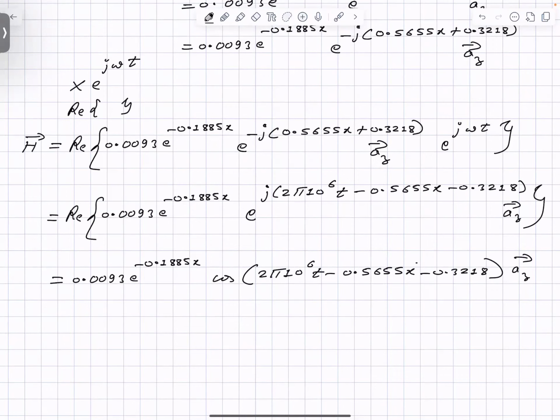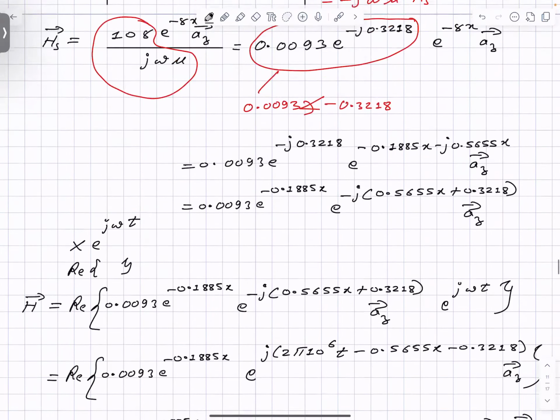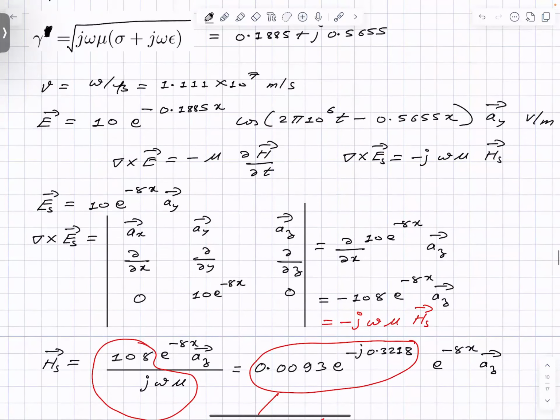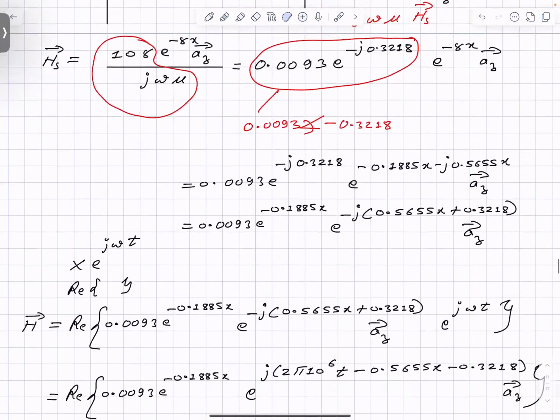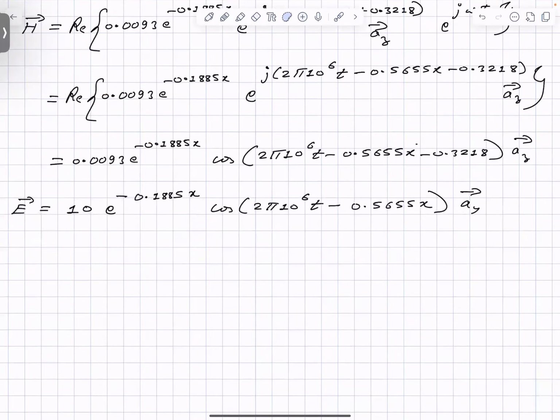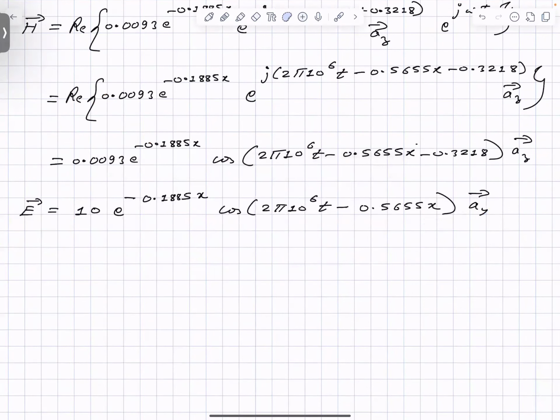Okay, now let's compare this with the time domain expression for the electric field. So how are they different and how are they similar? The attenuation factor is this decaying exponential, right? They are exactly the same. They attenuate at the same rate. Their amplitude is different for H and electric field. And then the cosine part, most of the things are similar.